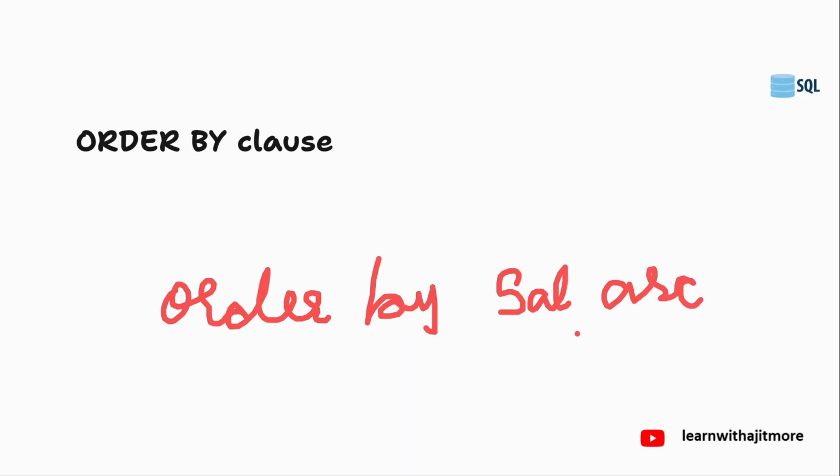If you don't write it, it is ascending anyway. And if you need descending, then explicitly you have to mention DESC. So now it will arrange all the records according to salary descending. Highest salary will be first, like 70,000, 60,000, like that, decreasing.